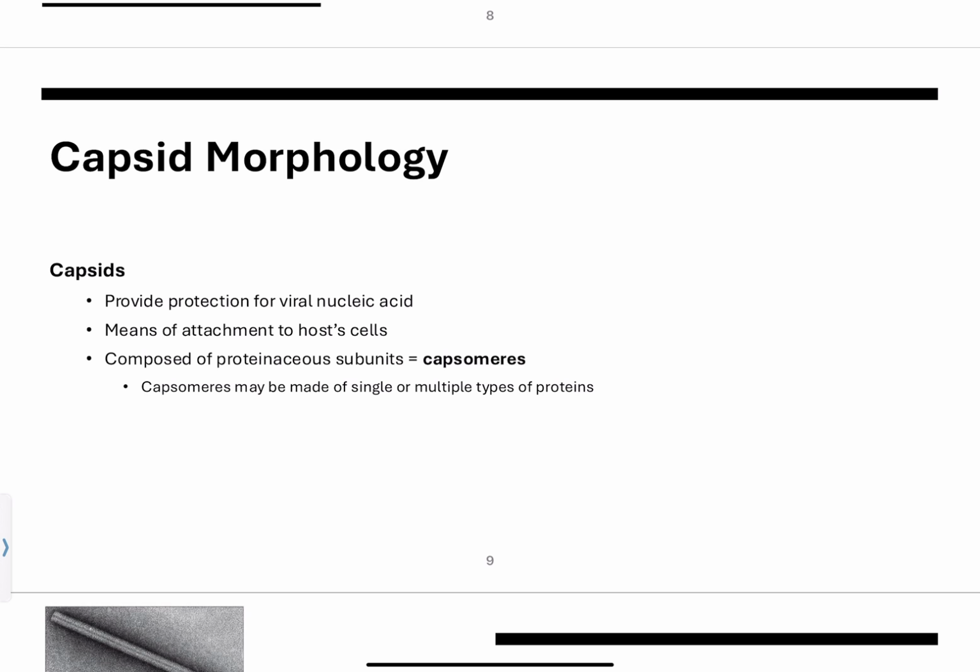Okay, so the capsid, again, is a protein shell that encloses the viral genome, and it's composed of protein subunits that are referred to as capsomeres. These capsomeres can be made of a single type of protein or multiple types of proteins. And again, it has a couple of different functions. One, the capsid can help protect the viral genome, and the other function is to help with attachment to host cells.